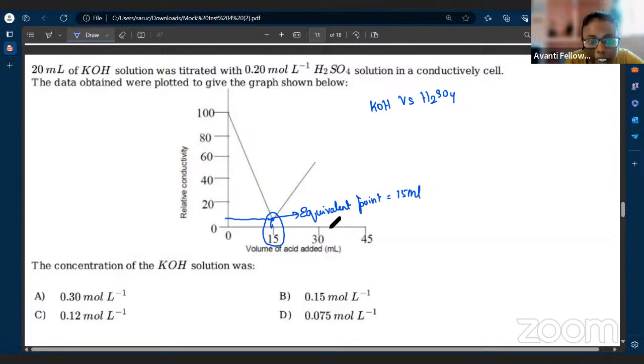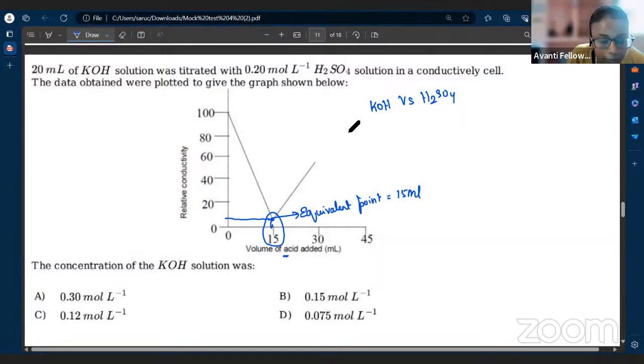The equivalence point is the volume of acid added at which it gets neutralized. That is the concept over here. The volume of acid added for the equivalence point is 15 ml.